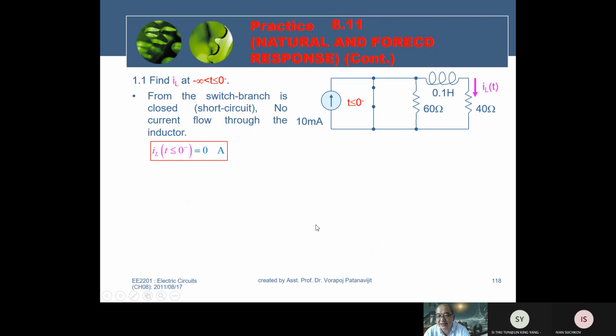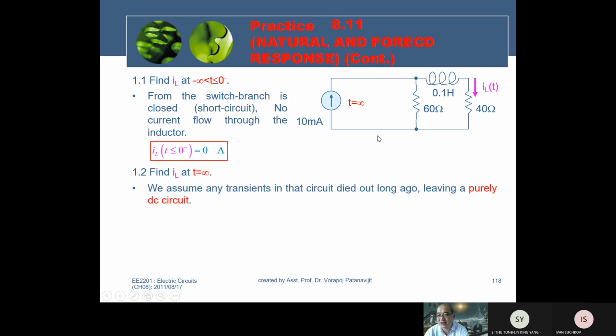Since the switch branch is closed, or short circuit, no current flows through the inductor. Now determine IL for time equal to infinity. Infinity means the switch has been open for a long time and the inductor performs like a short circuit. We assume any transient in the circuit died out long ago, leaving a purely DC circuit, and the inductors act like short circuits to DC current.